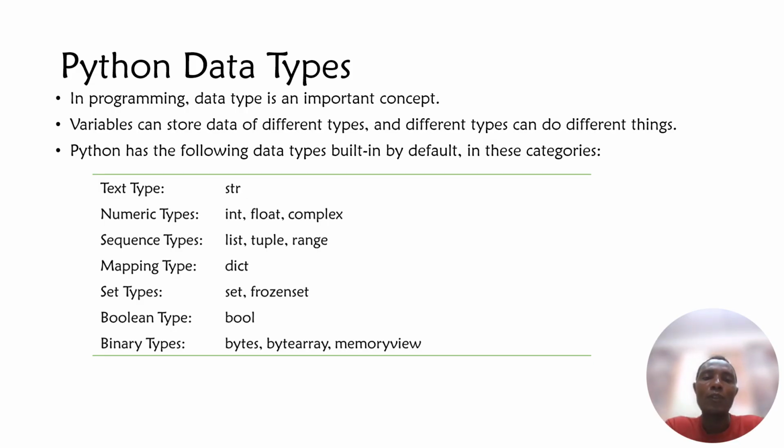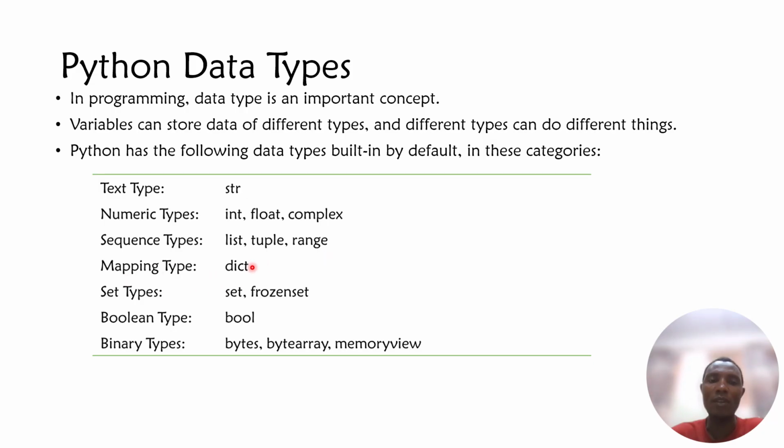Text is of type string. Numeric is of type integer or float or complex number. We are going to look at all these. Sequence types, we have got list, tuple, range.